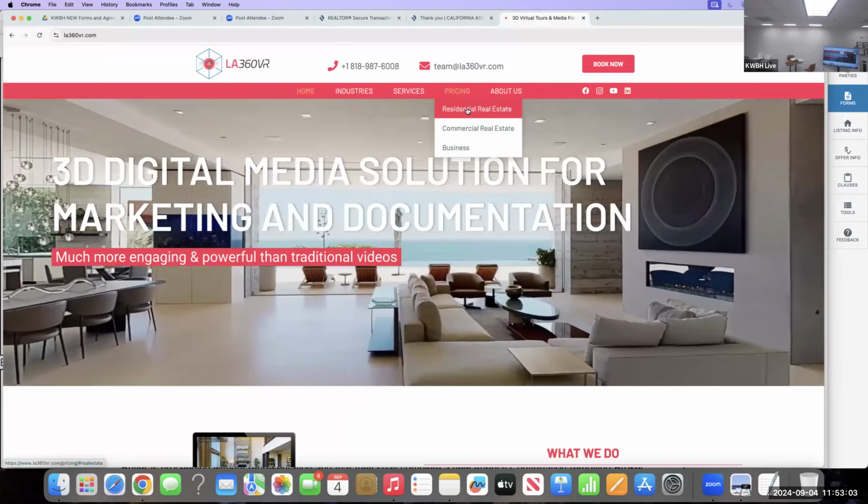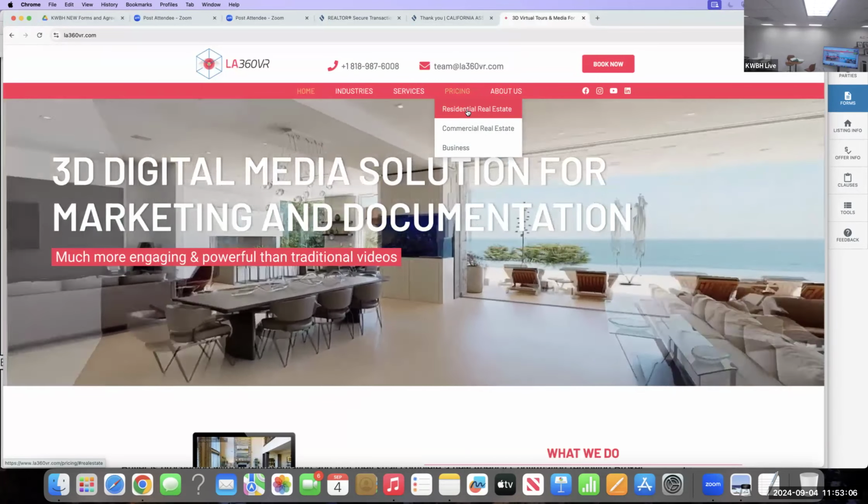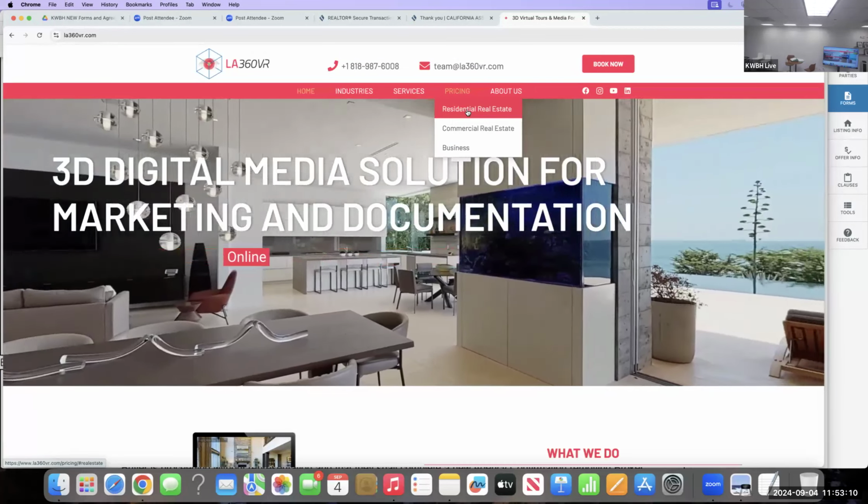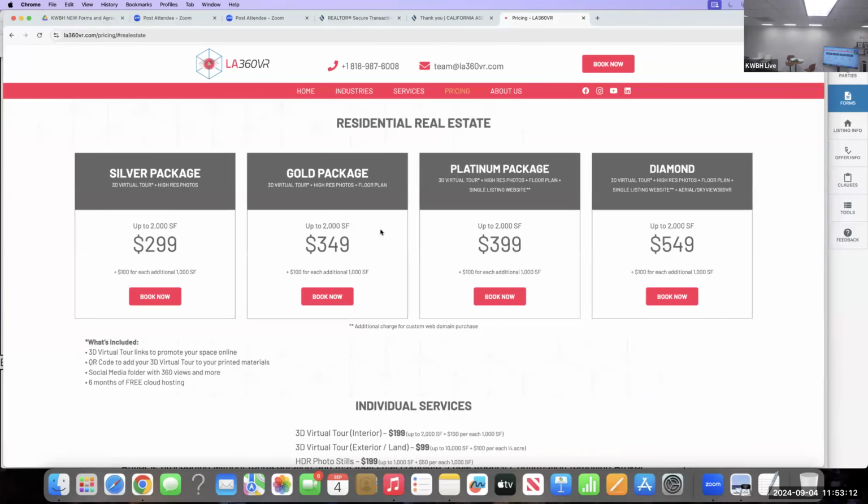So here's pricing. It allows your buyer to walk through with their keyboard and mouse. Pretty cool stuff. So 3D virtual tour plus high-res photos and floor plan is $349. They'll also take all of your photos. They actually go into the property and do all this stuff.